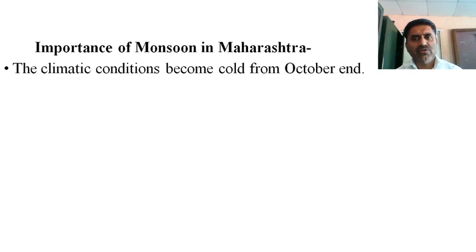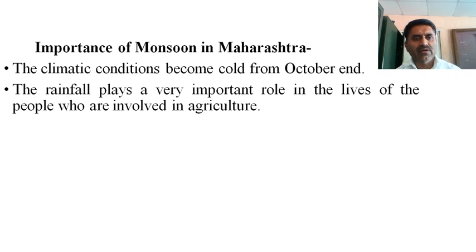The most important thing here is that the climatic condition becomes cold from October end. As you know, this is the retreat of monsoon, and the rainfall plays a very important role in the lives of people who are involved in agriculture.